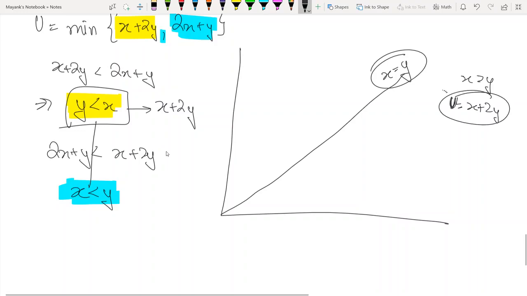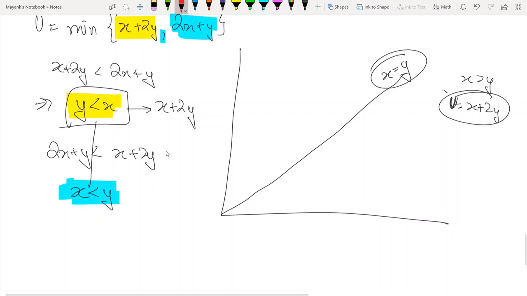What kind of utility function does this remind you of? Perfect substitutes. So what will be the slope of this perfect substitutes indifference curve? Minus 1 by 2. Okay, so here you will have a perfect substitute of slope minus 1 by 2.